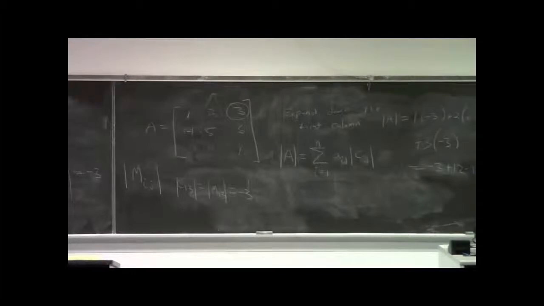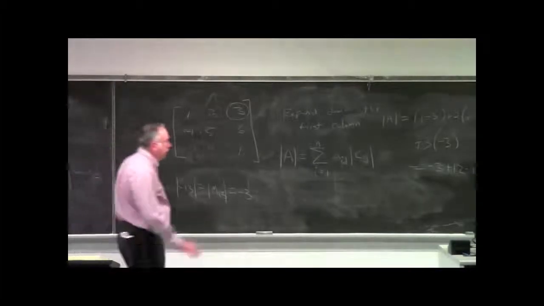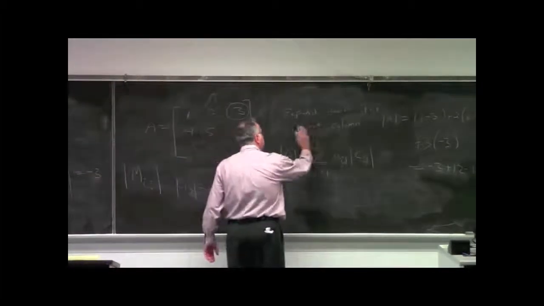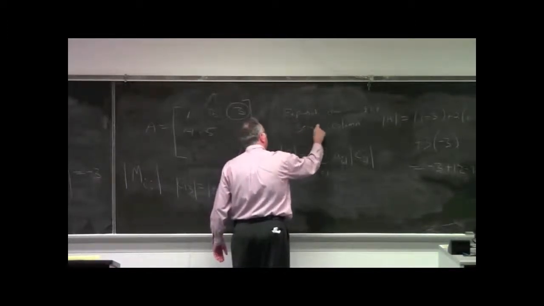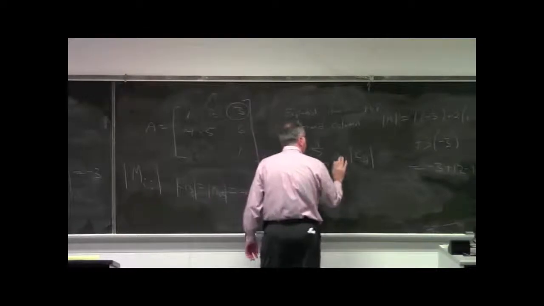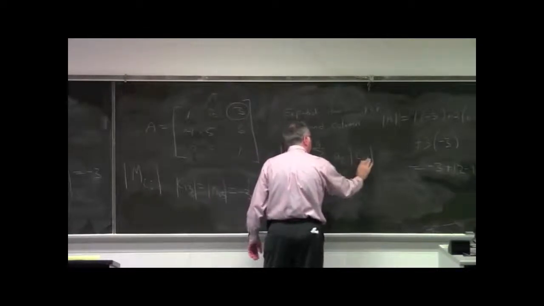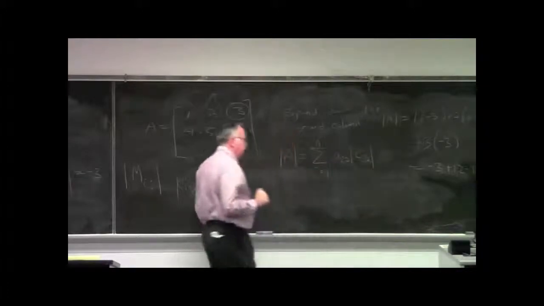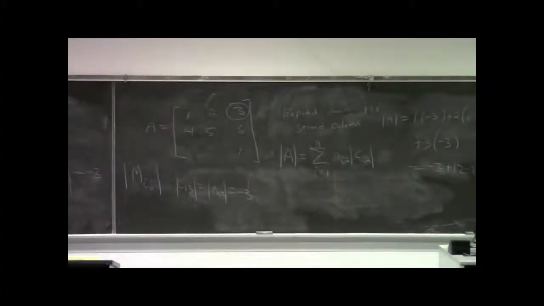If you wanted to go down the second column, all you'd have to do is change this to a 2, because you're holding j equals 2 constant. And you're going from i equals 1 to 3. That would be going down the second column. Okay.